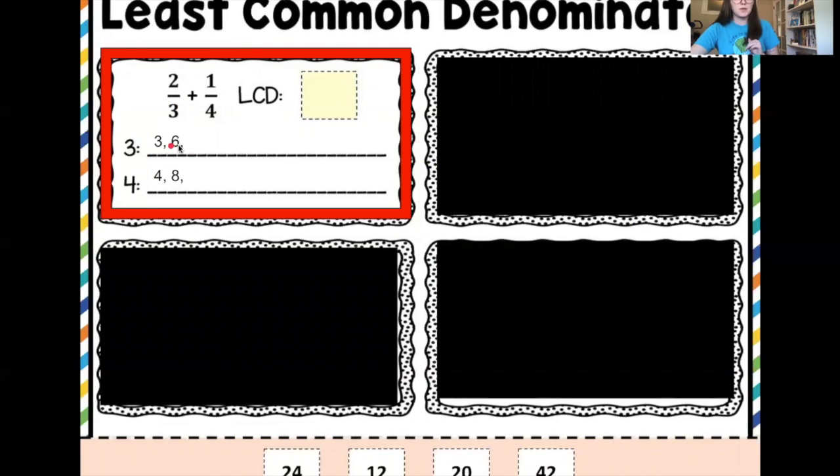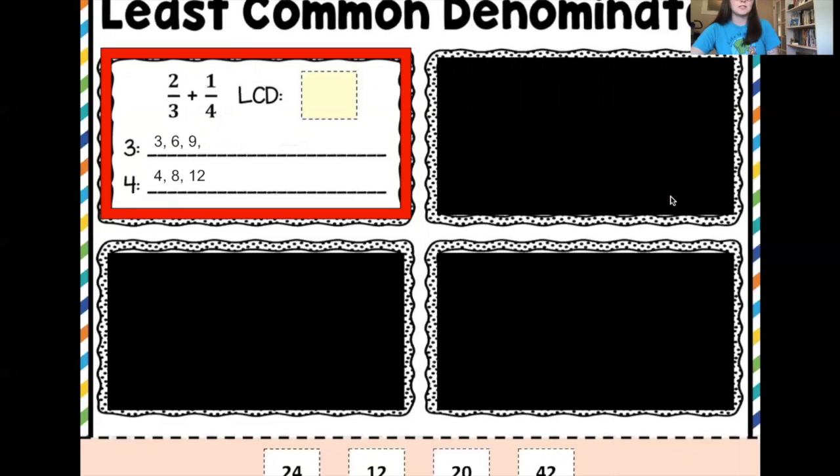So we're going to list multiples of 3 and 4. So far we have 3, 6, and 4, 8. Now remember, when we're looking for the least common denominator and we're listing the multiples, we need to have the same number in our list. So we're going to go until we get the same number. If you think you know what it is, keep that number in your head and see if you're right. Let's add another number.